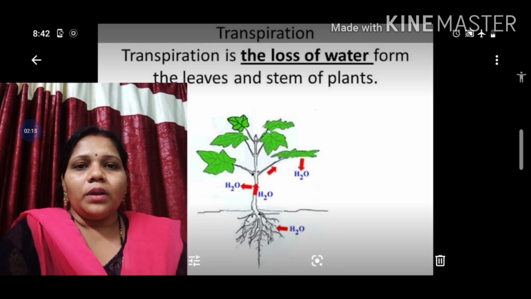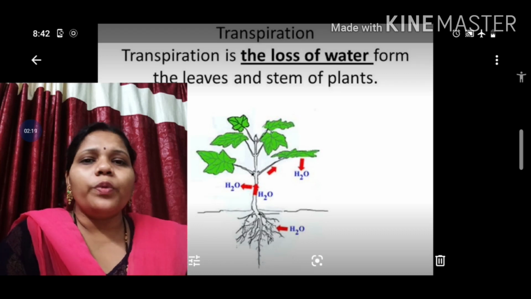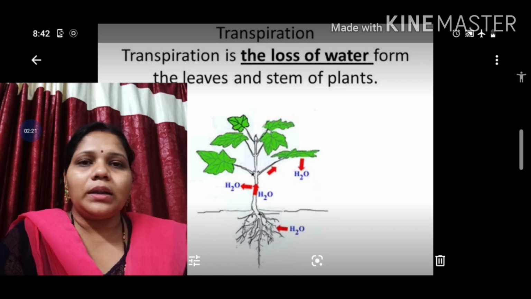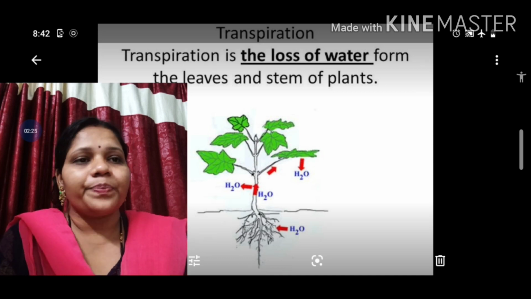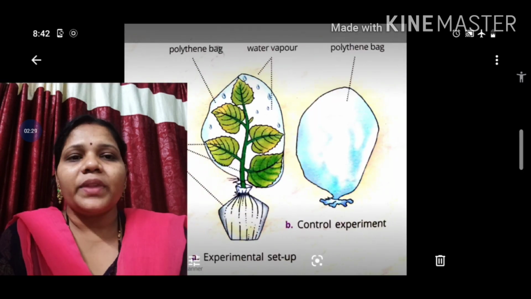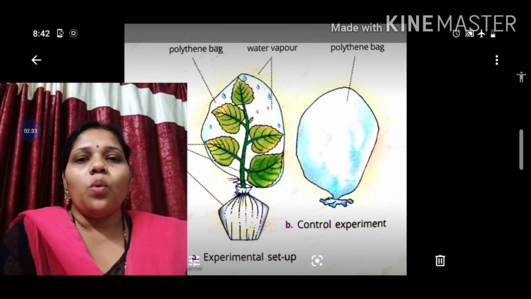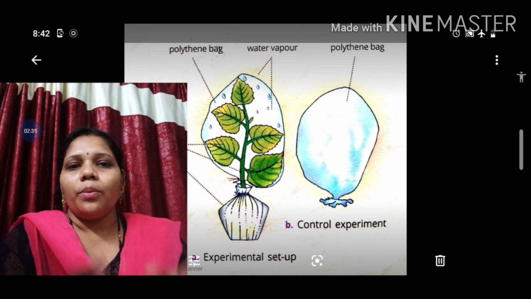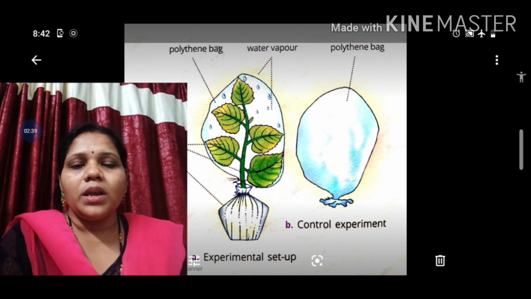Now, we will do one demonstration to prove that transpiration occurs in a plant. We will take one well-watered potted plant and two polythene bags. One polythene will cover the plant and the other polythene we will keep as it is.